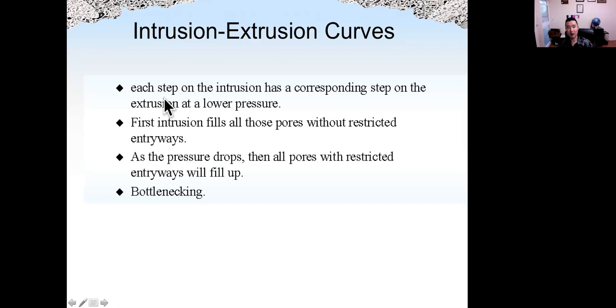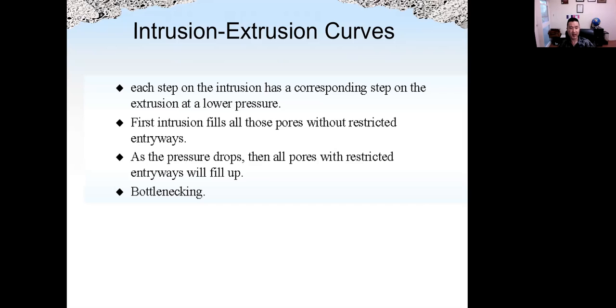And each step on the intrusion has a corresponding step on the extrusion at lower pressure. Okay. And the first intrusion will fill all of these pores without restricted entryways. So restricted entryways means that we have a bottleneck, a smaller entrance for the pores.